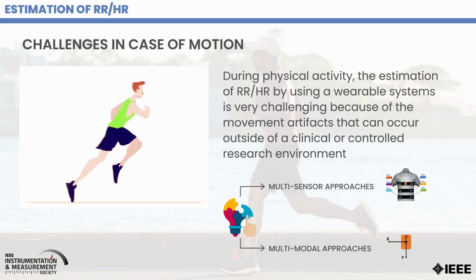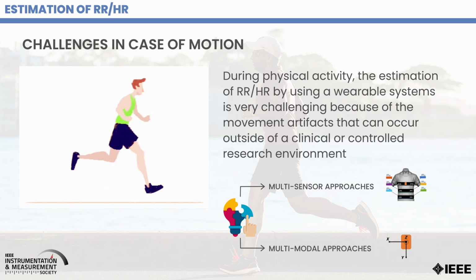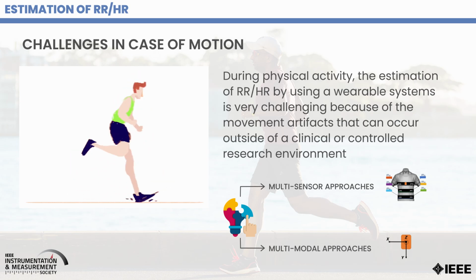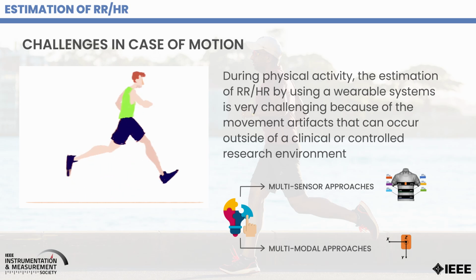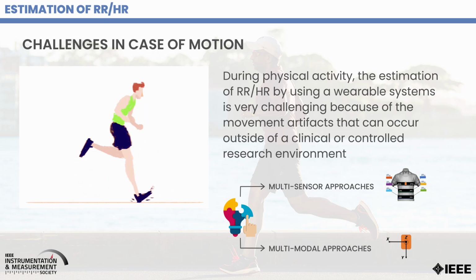So I suggest to not use only a single sensor in your wearable, but to use multiple sensors, and also to integrate other kinds of sensors such as an accelerometer, using a multimodal approach to discard all the contribution related to motion and not related to the activity of interest. So in case of motion, it's better to use a multi-sensor approach combined with a multimodal approach.